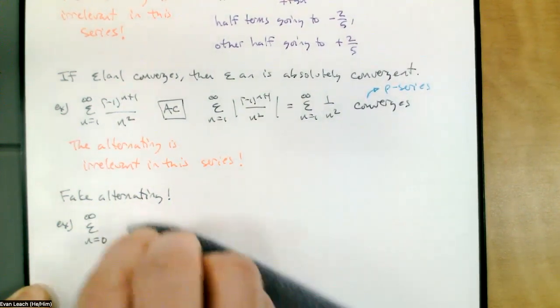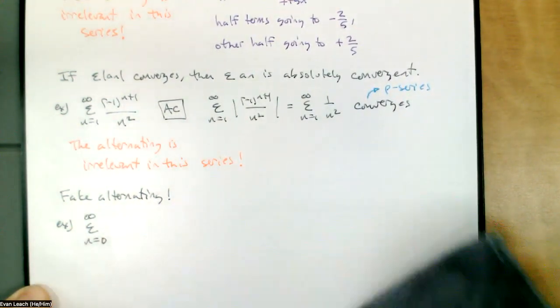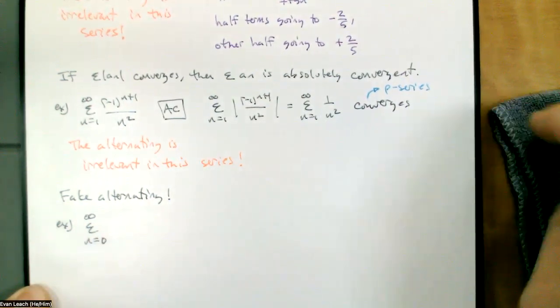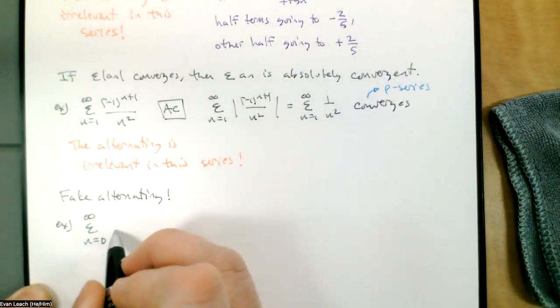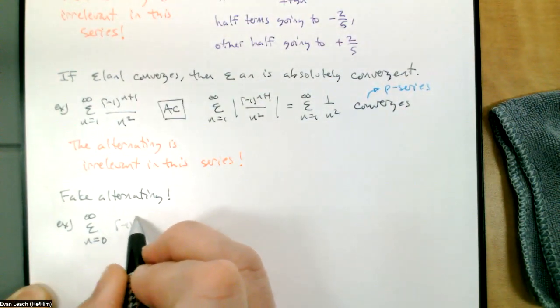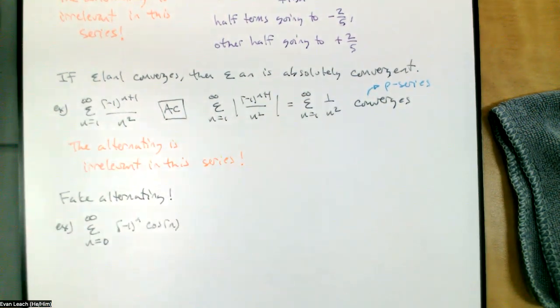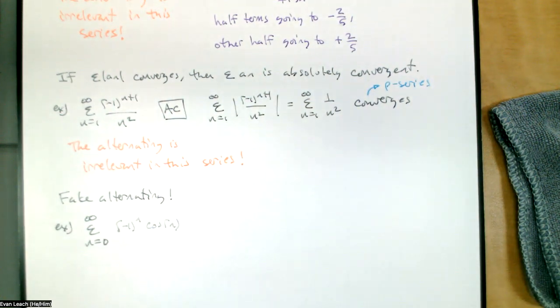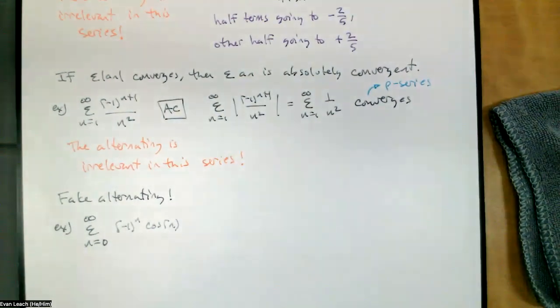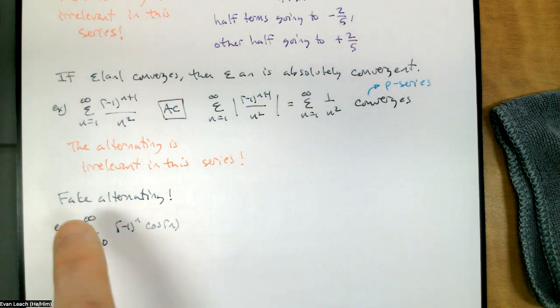See, I'm already falling into the trap of bringing up irrelevant things. This series has this -1 to the n, so that makes it alternate, right? Clearly, it doesn't, because I just said fake alternating, and then I immediately wrote this series down. This series is not alternating, even though it has a -1 to the n.